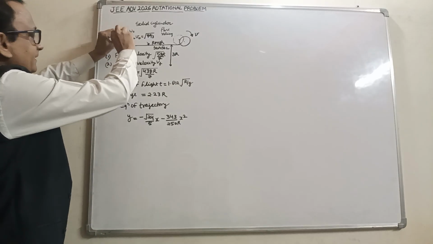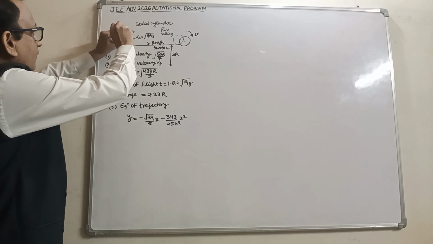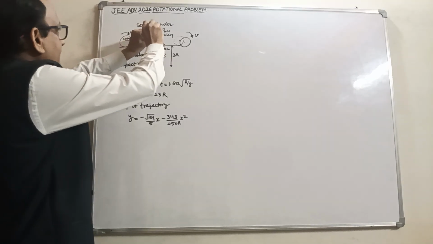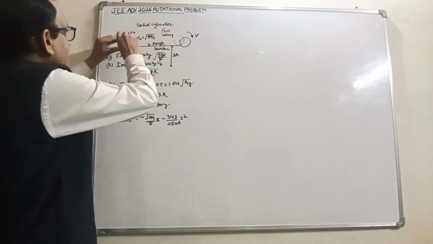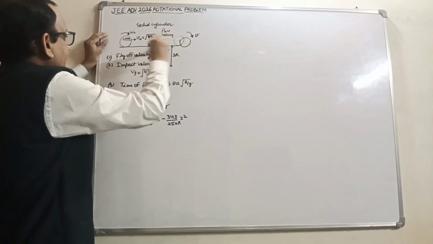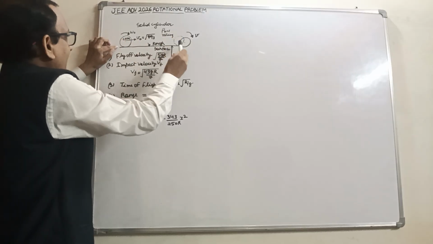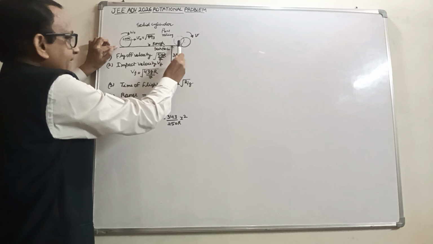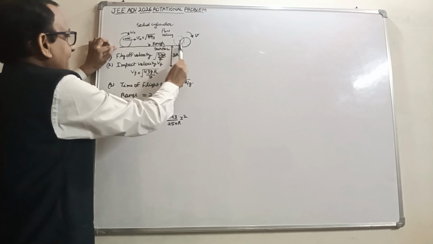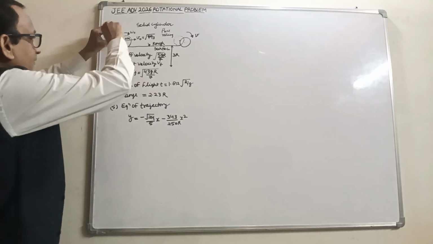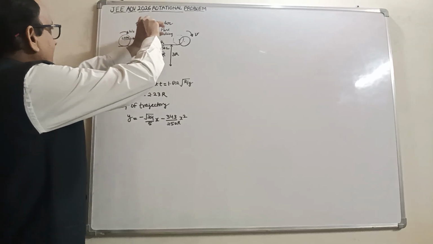In this scenario, this is the solid cylinder. This cylinder is rolling on a horizontal surface. Suppose this is a table, and this table has a sharp vertical edge, and this solid cylinder is rolling.